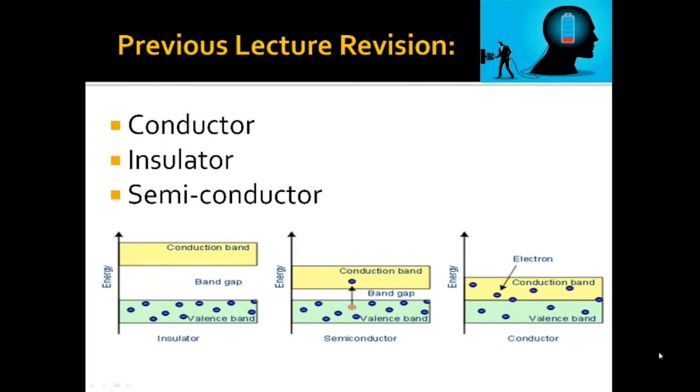Now, previous lecture revision. In our previous lecture, we took care of classification of solids based on energy band gap. So we discussed conductors, insulators, and semiconductors. Conductors are those materials that allow the passage of electricity.